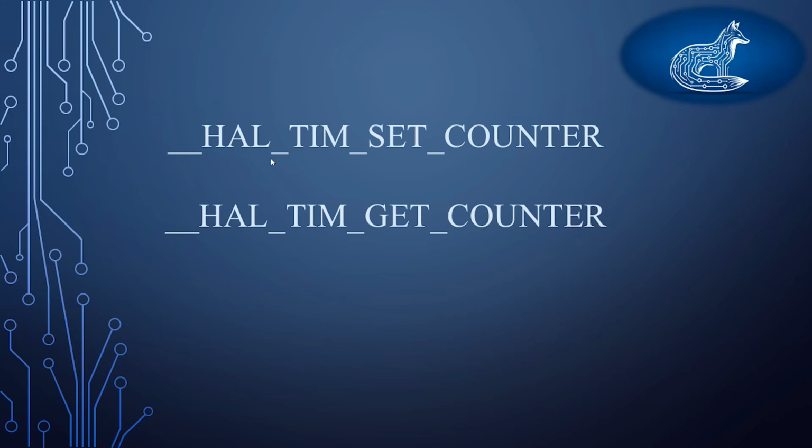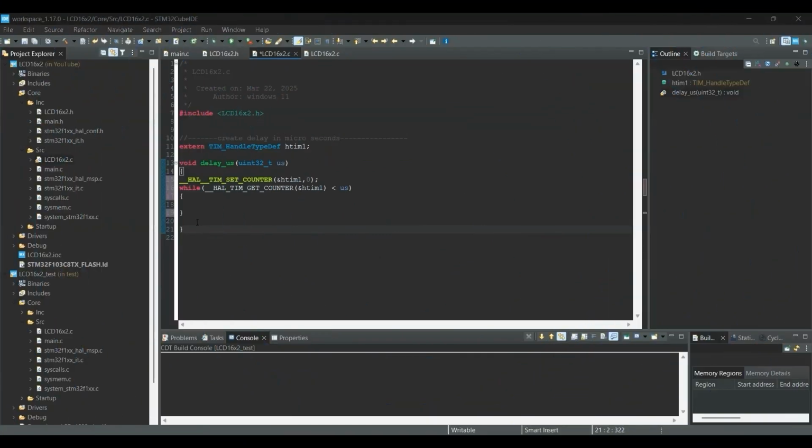I made a mistake, and here between hal and tim I wrote two underlines, which resulted in an error, and we need to modify and edit it. So let's edit it.